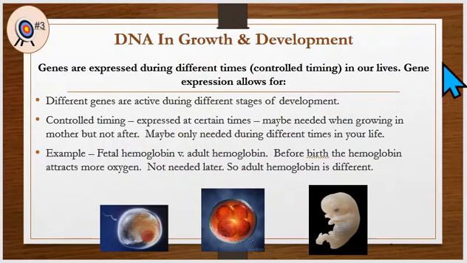Okay, a couple of things that you need to know from your guided notes here. Again, when we're talking about growth and development, different genes are active during different stages of development.